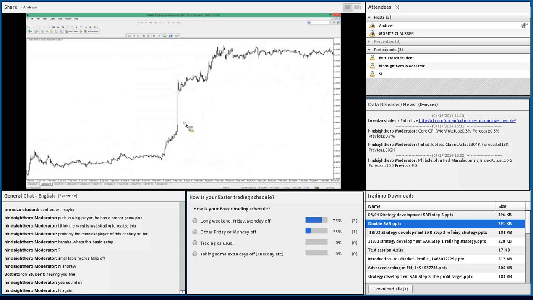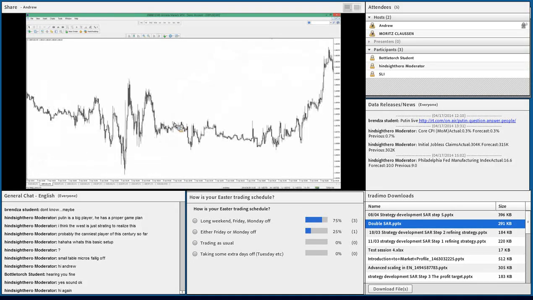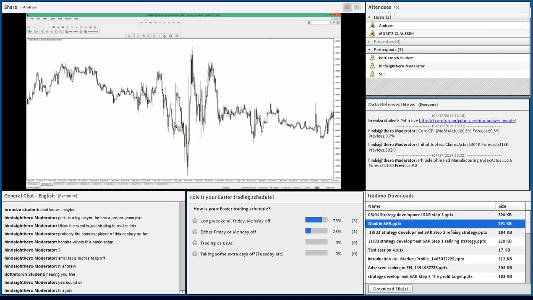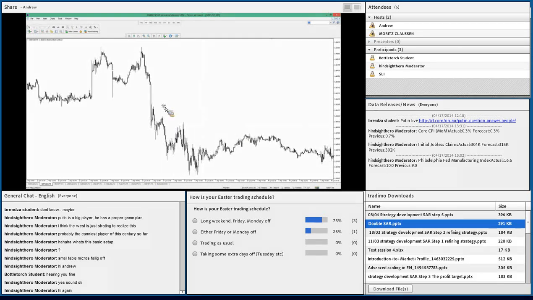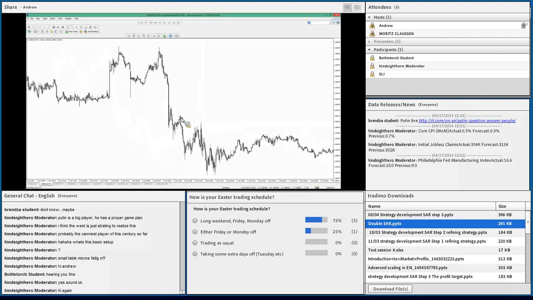I thought we would have a little bit more time, but we kind of don't. So we're trying to find one more pattern here. This one, I don't think we quite made it. Maybe here. This is a 5-minute chart. That's a little bit iffy.